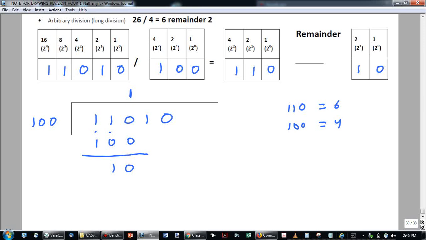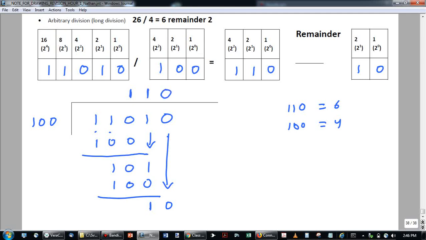100, does it fit inside 10? 4 into 2. Doesn't work, right? So I need to grab this one. Now I've got 5. 5 minus 4 is 1, and it fits once. Does 100 fit into 1? No. I grab the 0. Does 100 fit into 10?